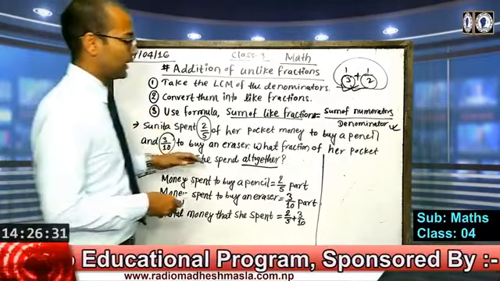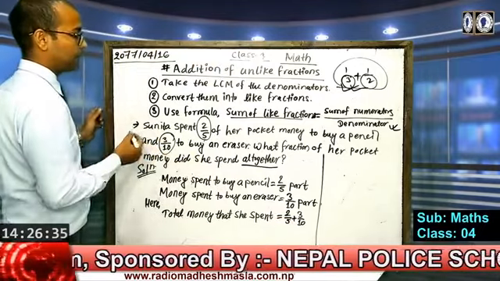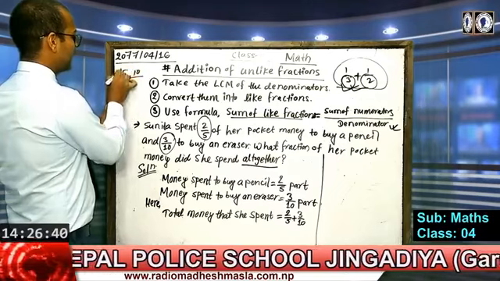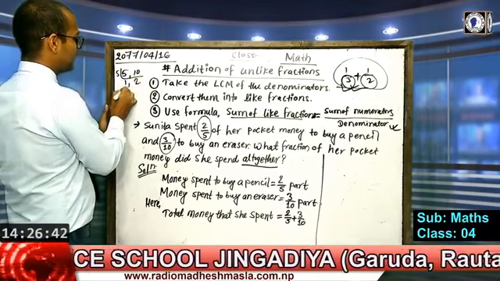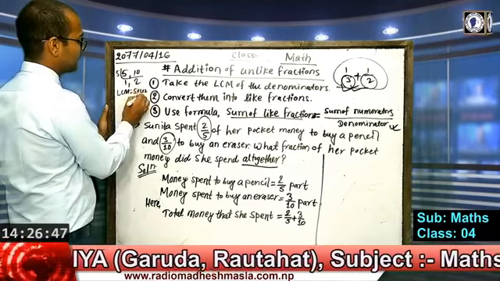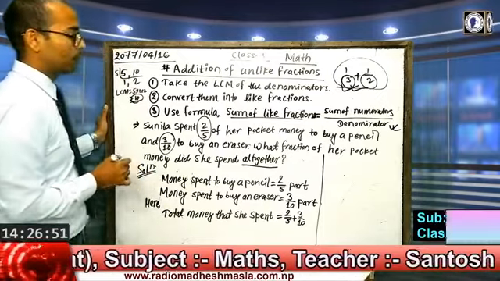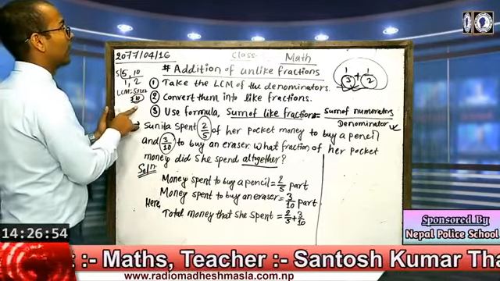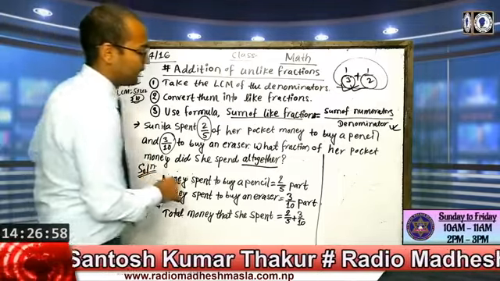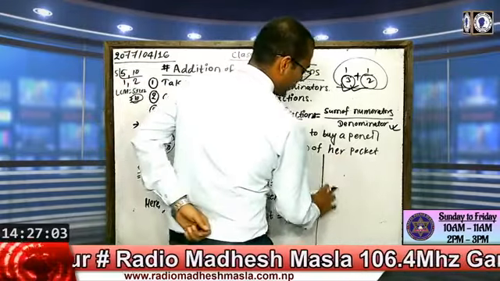So the LCM of 5 and 10: 5 1 is 5, 5 2 is 10, so the LCM is 5 into 1 into 2, that is 10. We should make the denominator equal to the LCM.